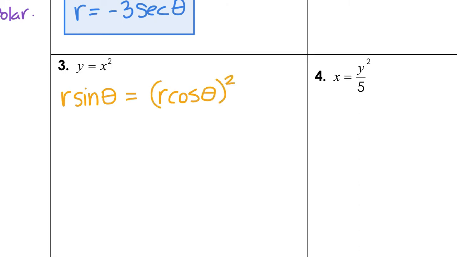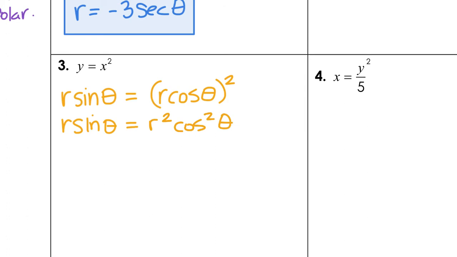And now let's solve for r. We want this equation to be r equals. So right now on the left, I'm not going to do anything. But on the right side, let's distribute that exponent. So this will be r squared cosine squared. All right. I do want r to be by itself. And right now there's r's on both sides of the equation.